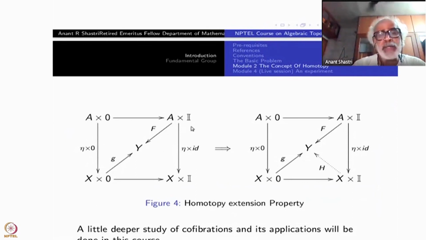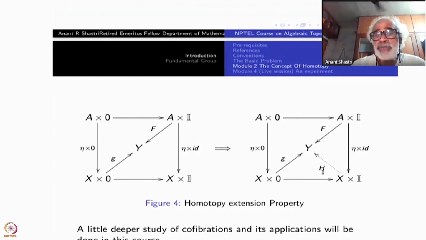This is always given. η is there, so η cross I, A cross I to X cross I, and X cross 0 is contained in X cross I. This part is nothing strange. What is given is this triangle. Okay, this is always there. Now, the conclusion is that there is a map here from X cross I to Y, a dotted arrow.